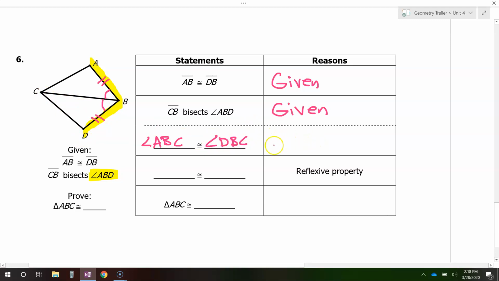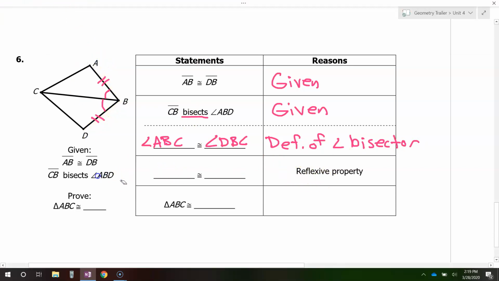All right, now for the reason, it's going to be the definition of what? Look at the previous statement. See how it says bisect? This is going to be the definition of angle bisector. All right. What else?